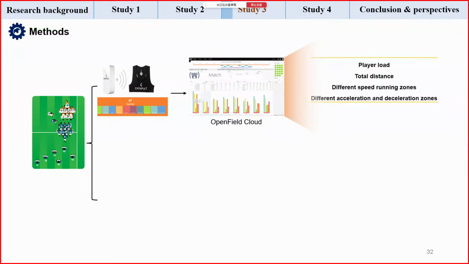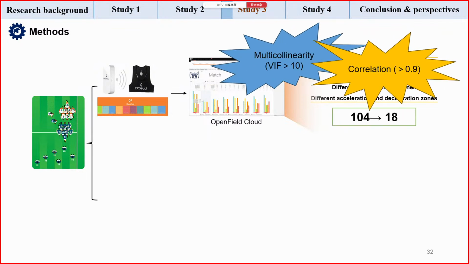This study used player training GPS data as raw features. After screening 104 GPS metrics for multicollinearity, with variance inflation factor greater than 10 and correlation greater than 0.9, 18 GPS metrics were retained. And we calculated the cumulative workload for the current week, the current and previous week, and the current and previous 2 weeks.